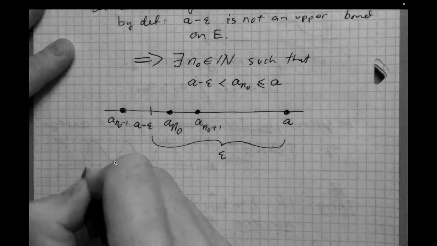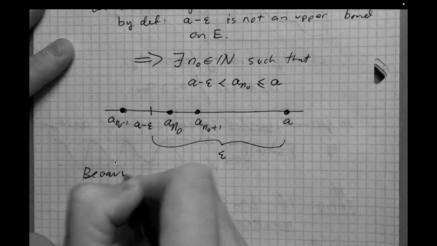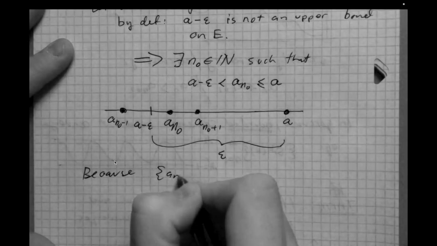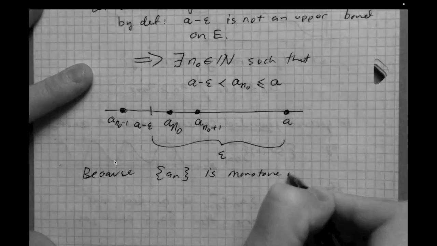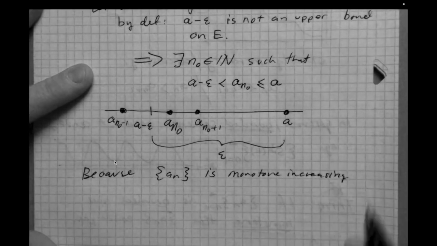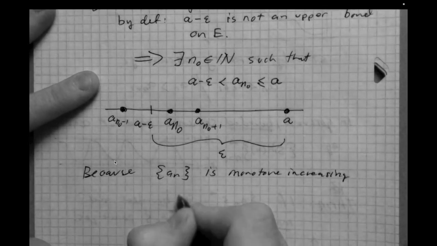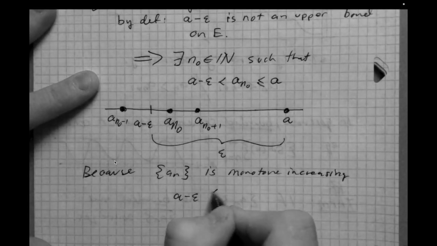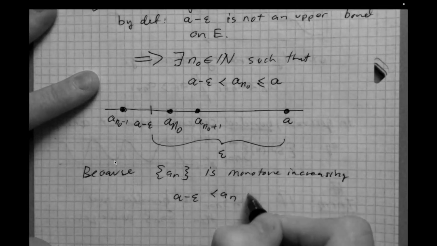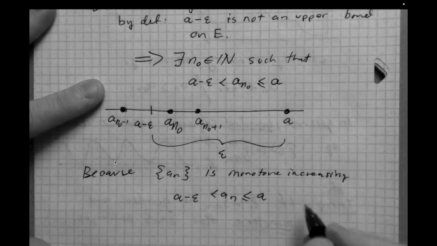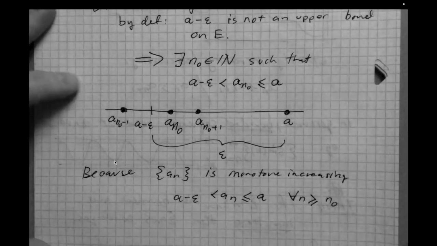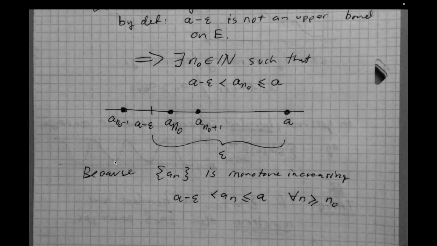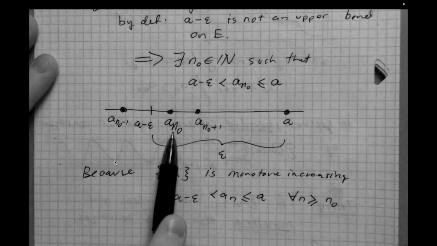Because the sequence a sub n is monotone increasing, we have A minus epsilon is less than a sub n, which is less than or equal to A, and this is going to be true for all n greater than or equal to n naught. Think of this drawing right here. Here's n naught.